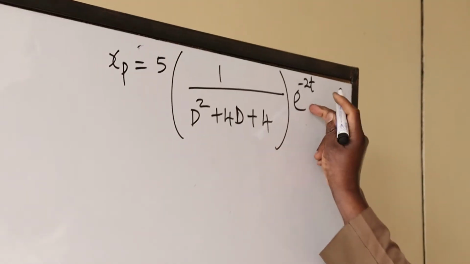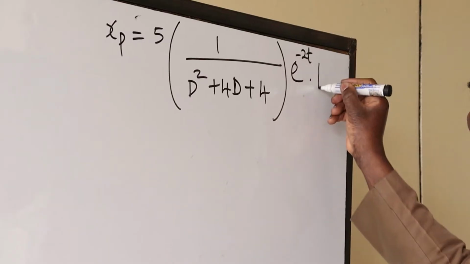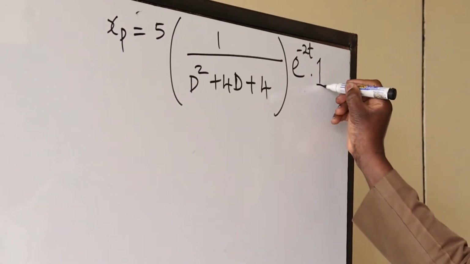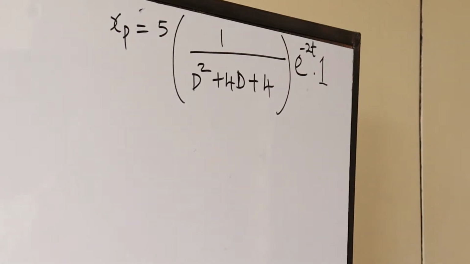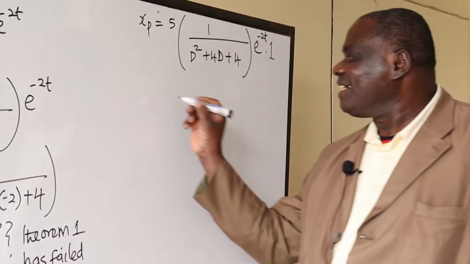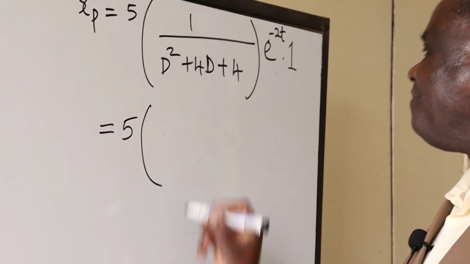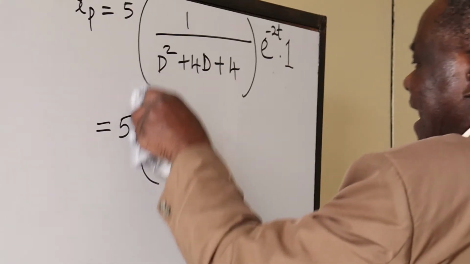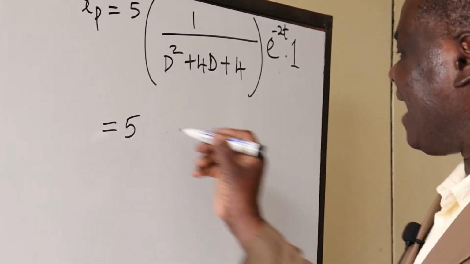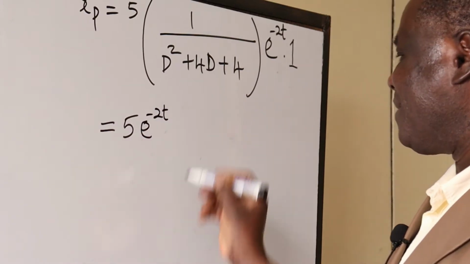And since we don't have another function, we assume there is some function near this one, which is 1, because 1 times exponential negative 2t is exponential negative 2t. So this one will be equal to 5. We now use theorem 2. The exponential will pass, that is exponential negative 2t.